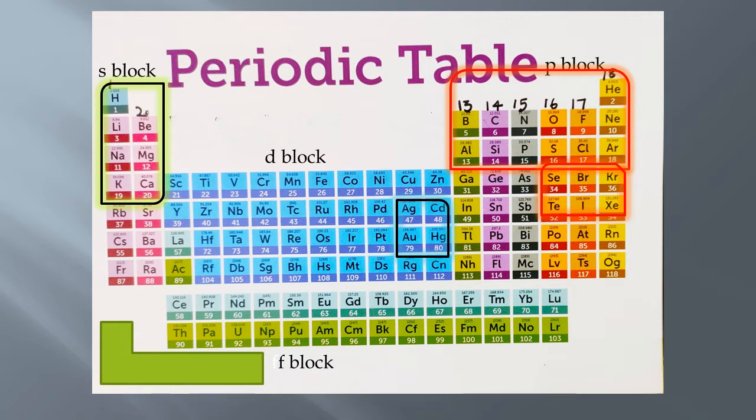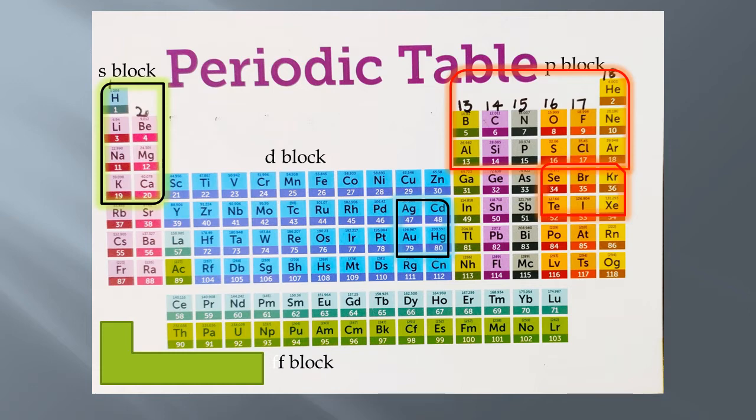So instead of the number 13, we shall think that to be 3, 14 as 4, 15 as 5, 16 as 6, 17 as 7, and 18 as 8. So here the group number 3 is the same as the valence electrons of those elements in that group.